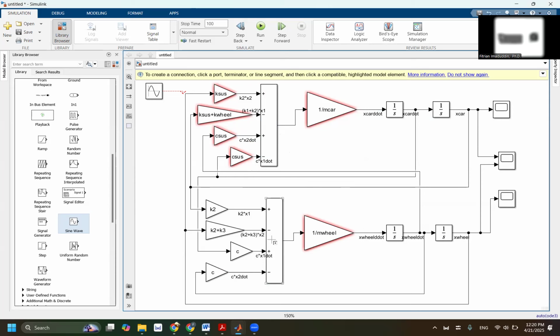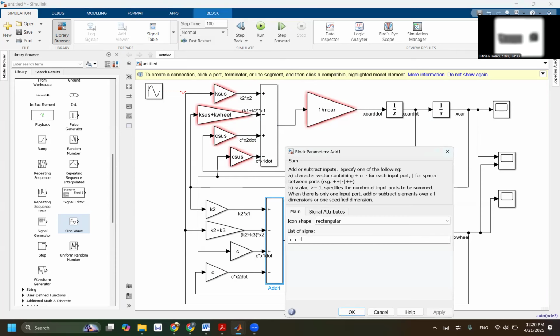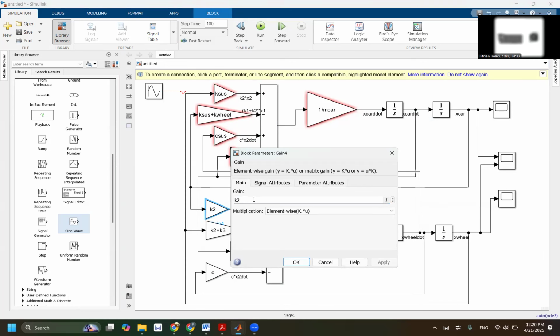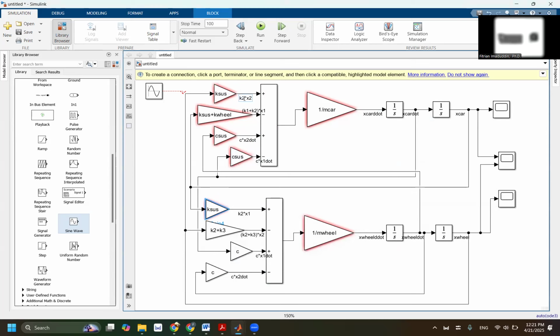Okay, and the second one, I have here cases. Cases multiplied by this is X wheel.